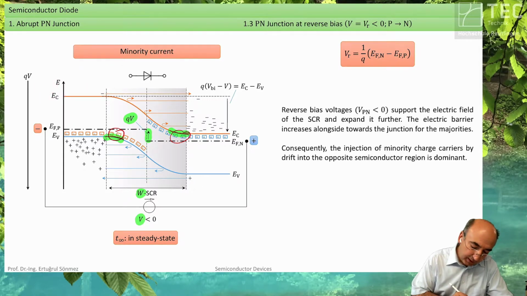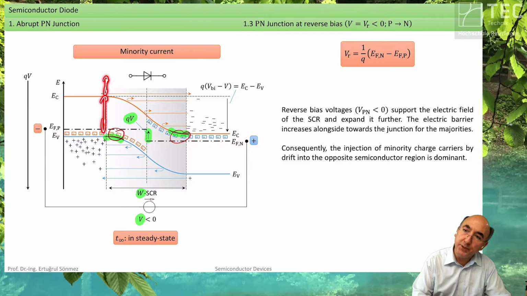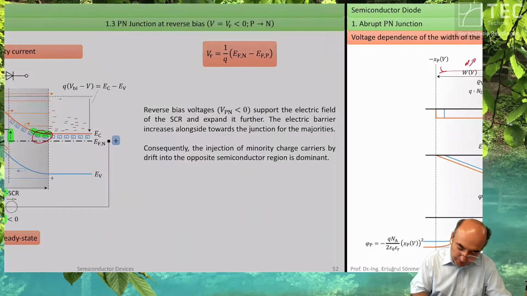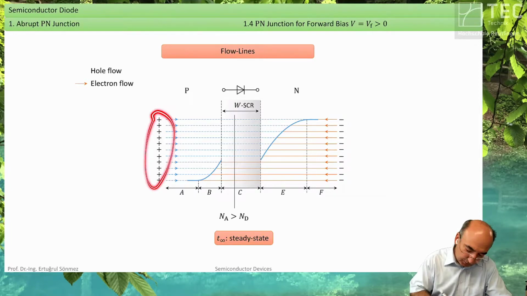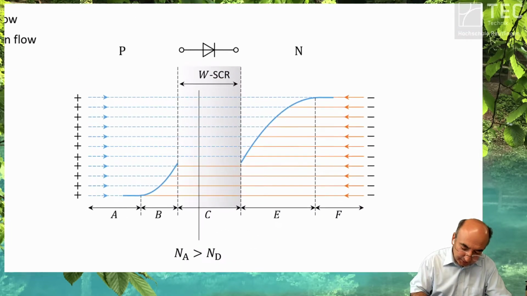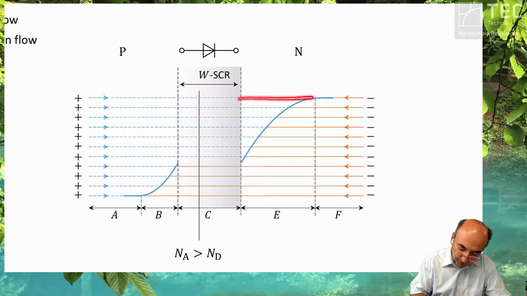Okay, and this excess concentration, these additional electrons, generate an additional recombination. Now, this does the following. Let's start with the holes. The holes which are injected have the chance to travel alongside until they find an electron and they recombine.